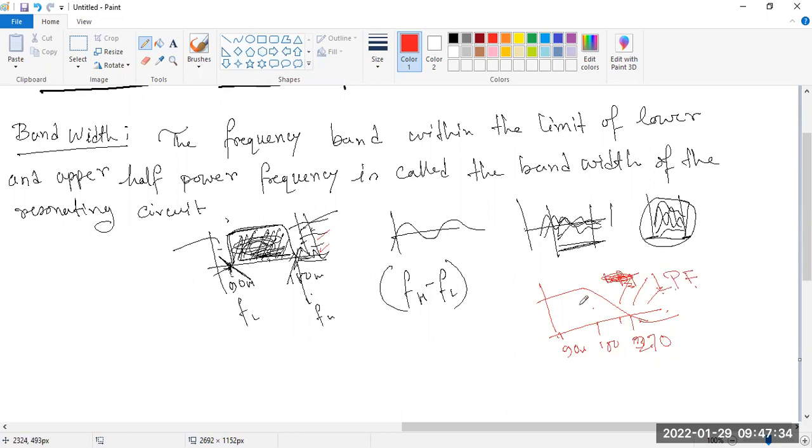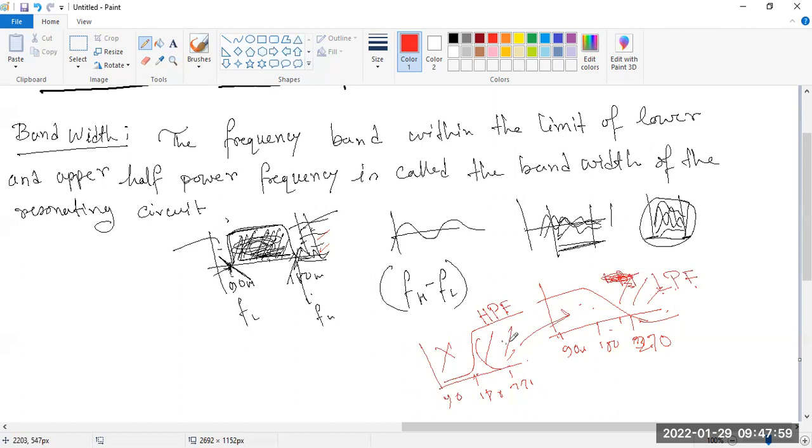Low pass filter. Okay, if your frequencies are 90, 180 and 270, and you are taking only this high frequency range and this is cut down, then this filter is called a high pass filter. High pass filter, because the range 180 to 270 and the higher range will be acceptable.